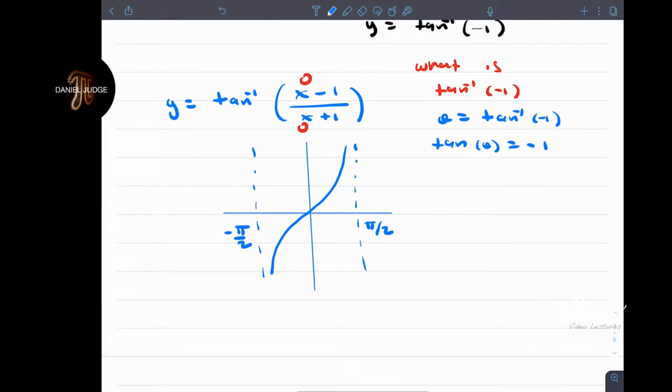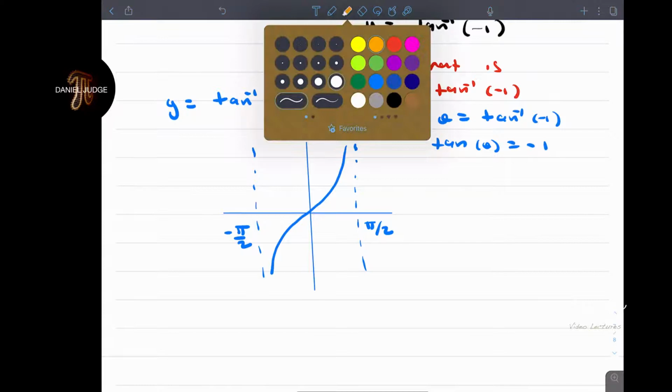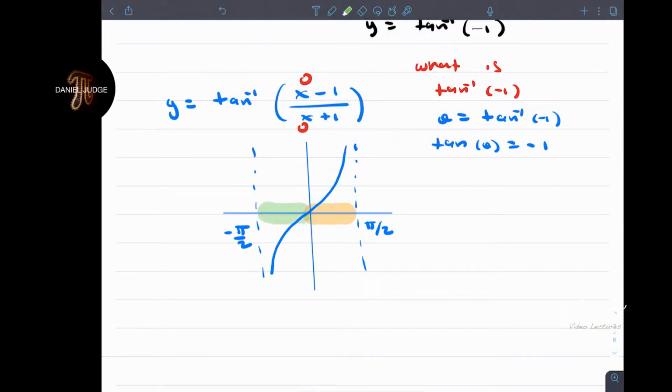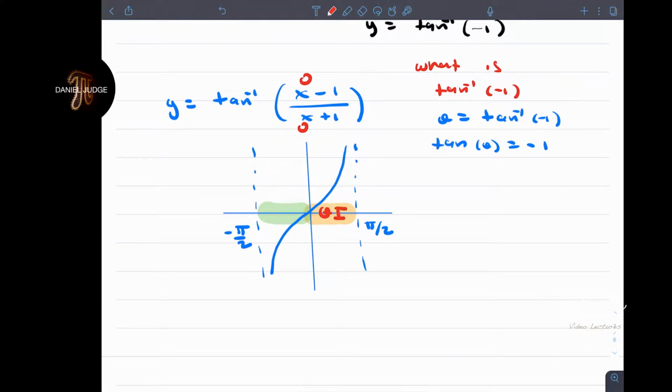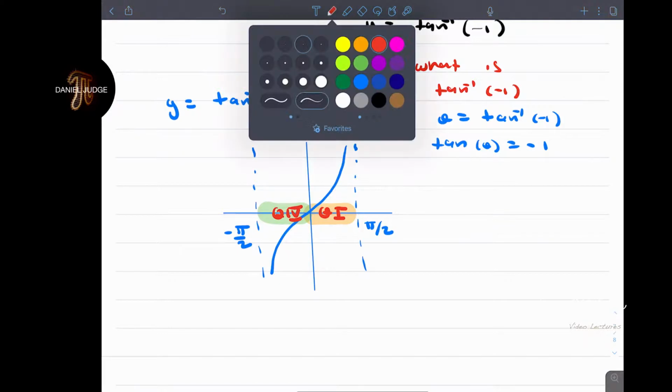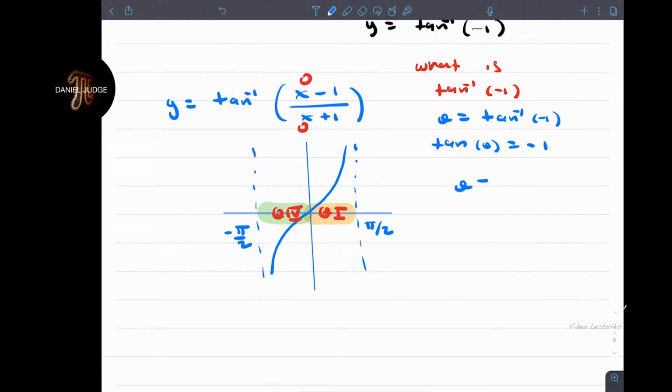The reason I'm saying this is because if you remember, this is quadrant 1, and this will be quadrant 4. Because if you tell me theta is going to be negative pi over 4, that's going to be the correct answer because that's a quadrant 4 angle. This is the green color, quadrant 4.